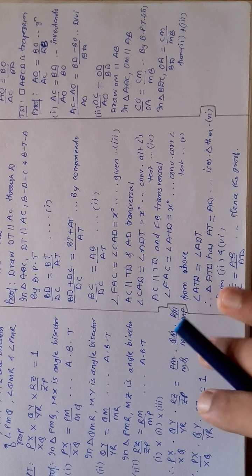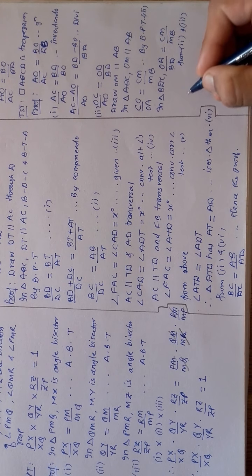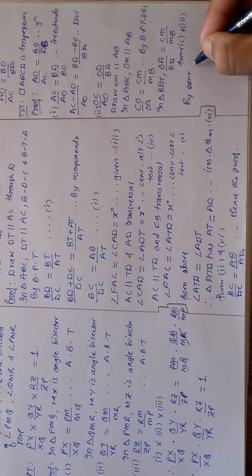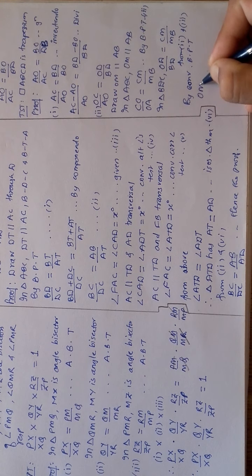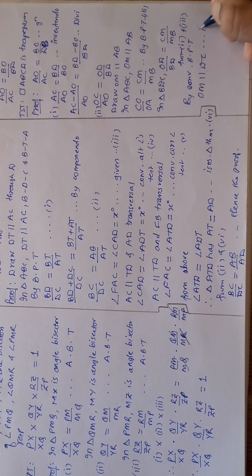It is nothing but the converse of the basic proportionality theorem, which says that if a line cuts two sides and divides the two sides in proportion, then that line is parallel to the third side. So therefore, by the converse of the basic proportionality theorem, you can say here that OM is parallel to DC, right?